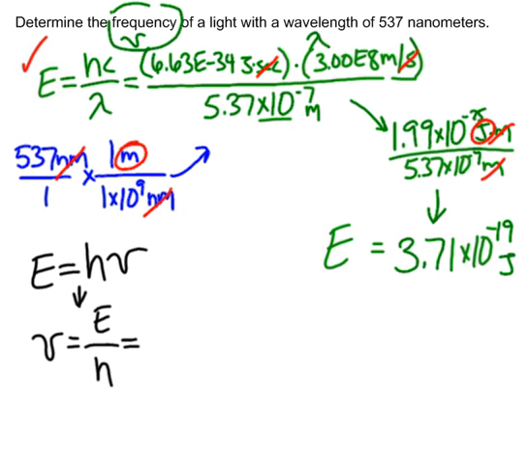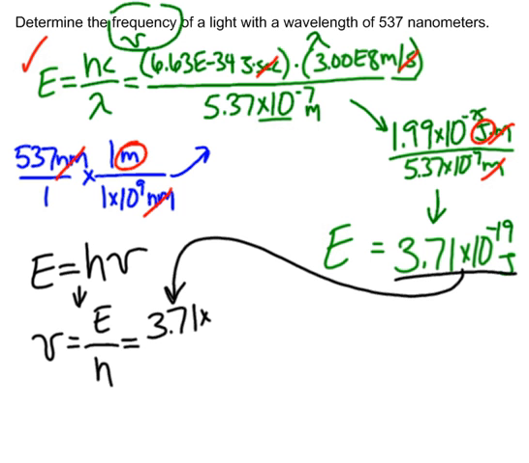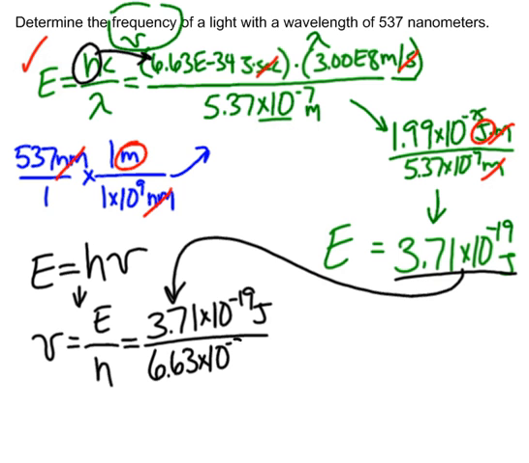So when I write this out, my energy value goes right there: 3.71 times 10 to the negative 19 joules. I'm going to divide that by Planck's constant, which is this same h, 6.63 times 10 to the negative 34 joule seconds.